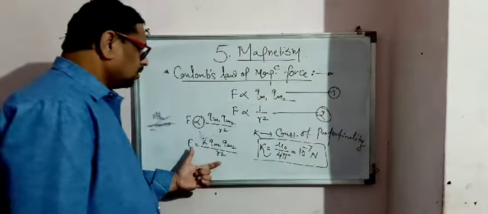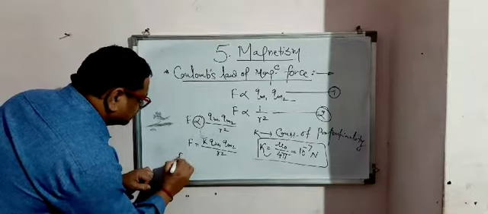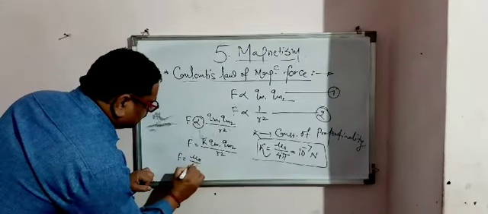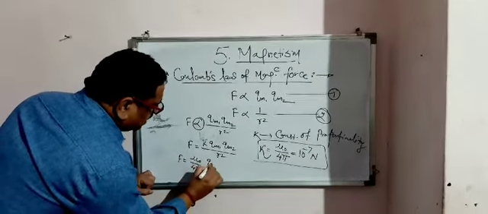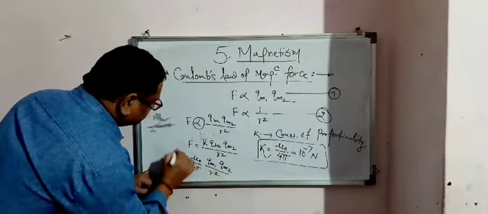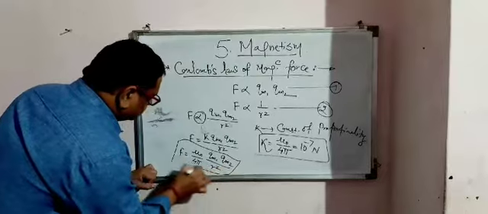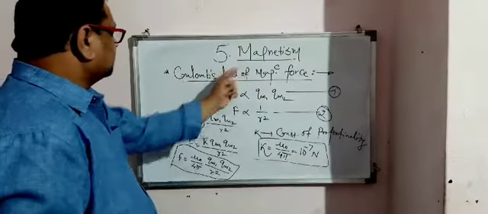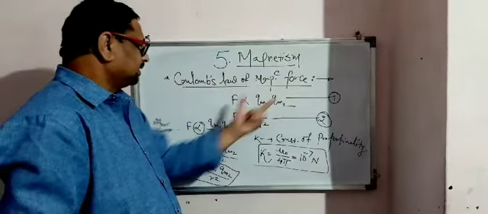This is Coulomb's law. So this can be written F is equal to mu 0 upon 4 pi, qm1 qm2 upon r squared. This is the standard form given as Coulomb's law of magnetic force.